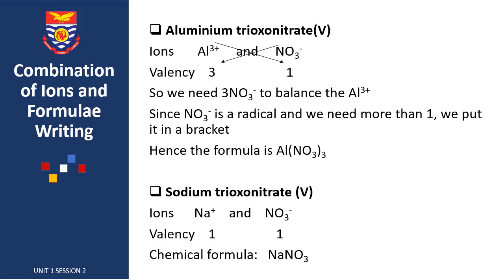Since they are cancelling out, we don't have to put the radical in a bracket because we have just 1. So our formula now becomes NaNO subscript 3. The O is capital. Take note, if with the radical we have just 1 of it, we don't put it in a bracket. Unless we have more than 1, then we can put it in a bracket and write the number as a subscript.